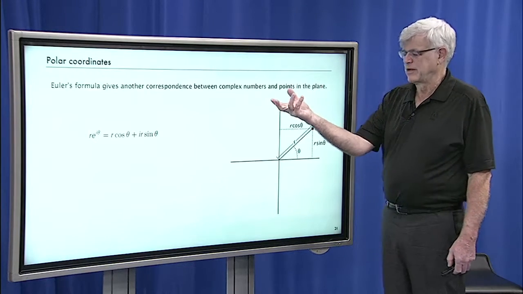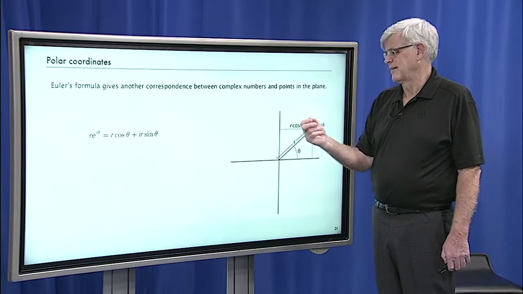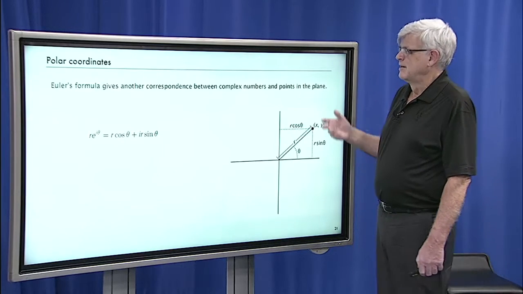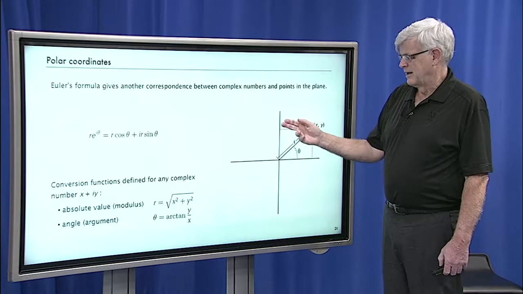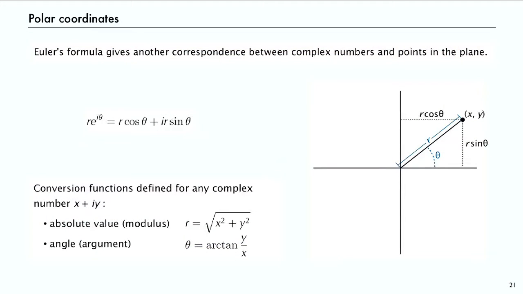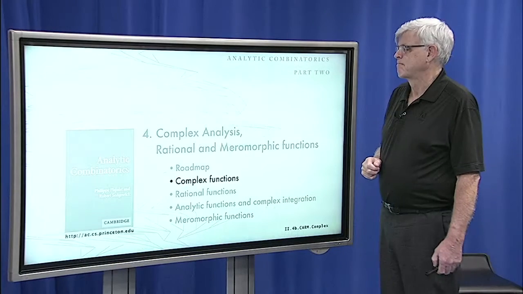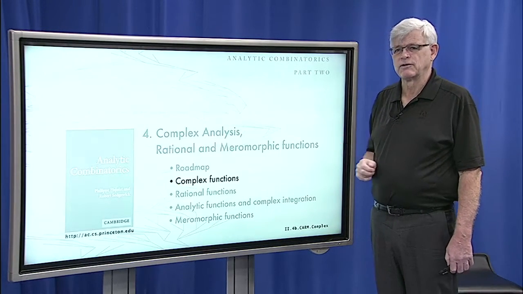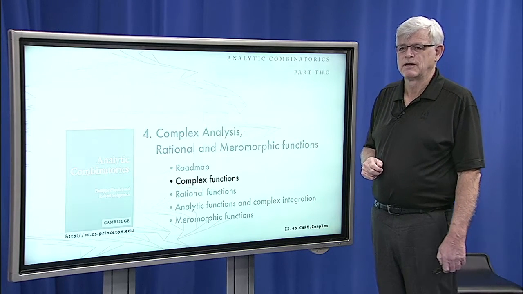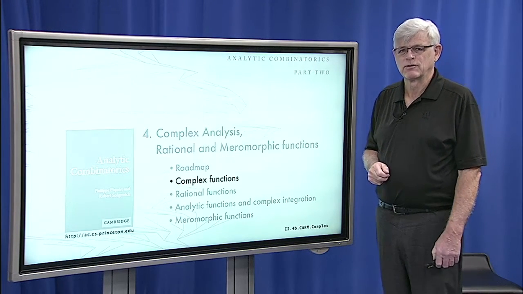Sometimes it's more convenient to use that form of a complex number, and we definitely often do so. So for any complex number, we can convert between the polar coordinates and the Cartesian coordinates the same way as we do for points in the plane. That's an introduction to complex functions, and next we'll take a look at how to use this information to extract coefficients from combinatorial generating functions.